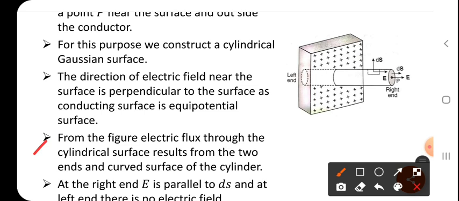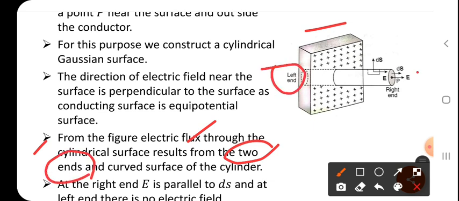From the figure, the electric flux through the cylindrical surface results from the two ends and the curved surface of the cylinder. Two ends means a left end and a right end, and also the curved surface.